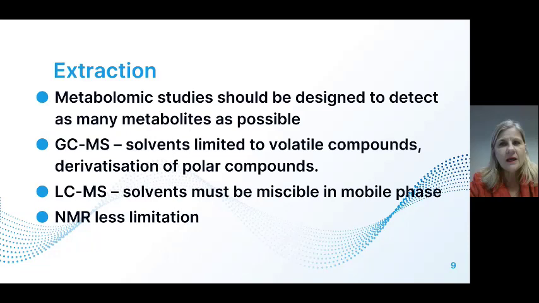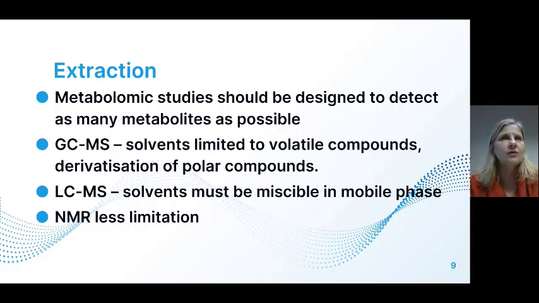When we look at GCMS, we are looking basically at volatile compounds. That would be compounds with a boiling point of about maximum 250 degrees Celsius. Now you are able to analyze more polar compounds using GCMS, but then you have to derivatize the compound.